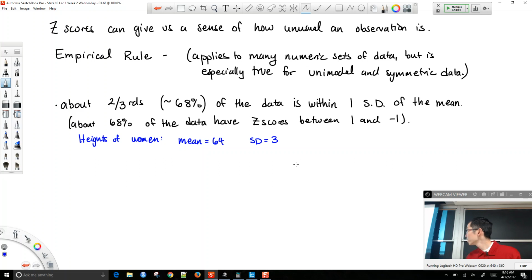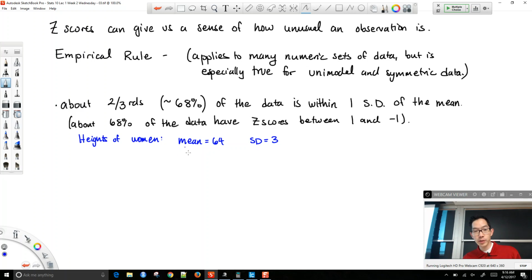And again, if the resulting numbers don't make perfect sense, that's because I've just rounded off these numbers and they're not exact, okay? But the idea here is that, if we are within 1 standard deviation of the mean, where would our boundaries be?